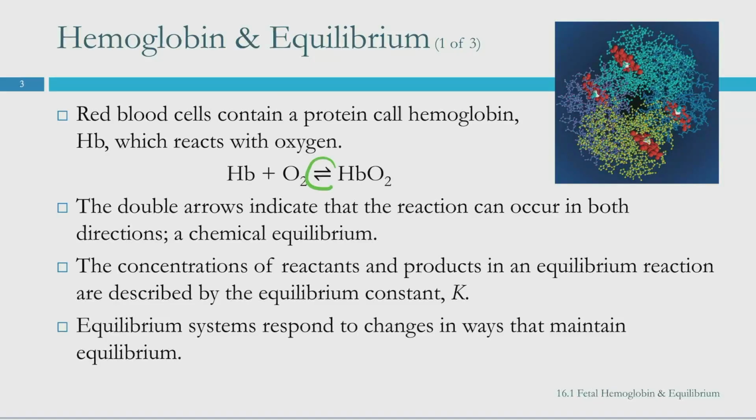We've got this double-headed arrow, meaning that it's reversible. So we can have the hemoglobin picking up the oxygen to form oxygenated hemoglobin, and we can also have the oxygenated hemoglobin dumping off its oxygen, depending on the conditions that it's in.